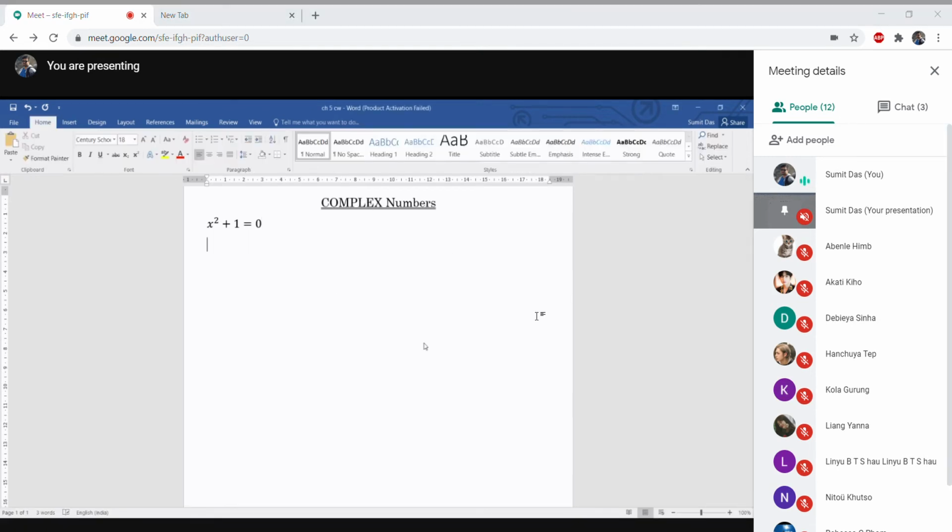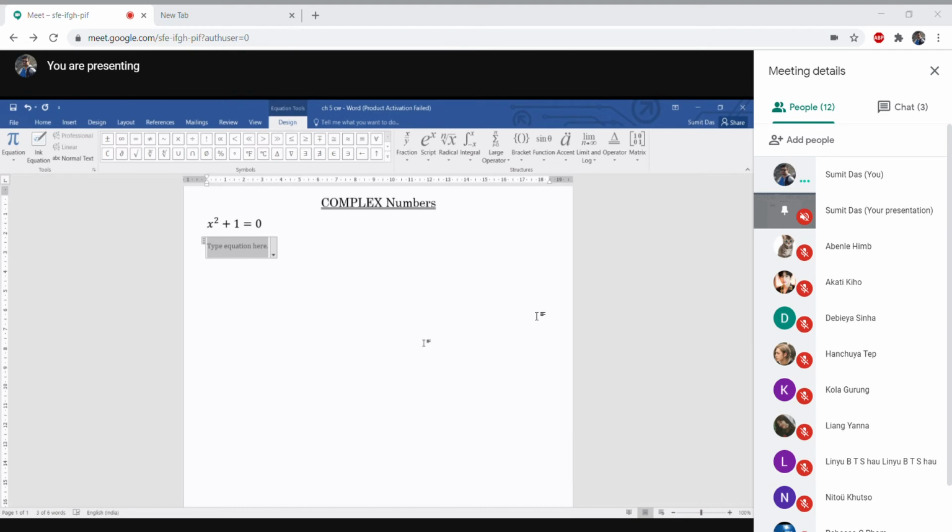So next line I can write x square equal to -1, right?